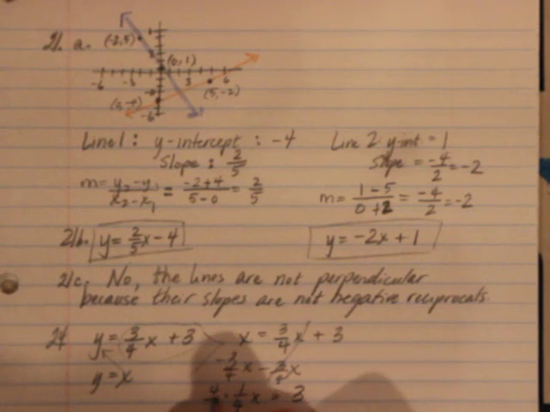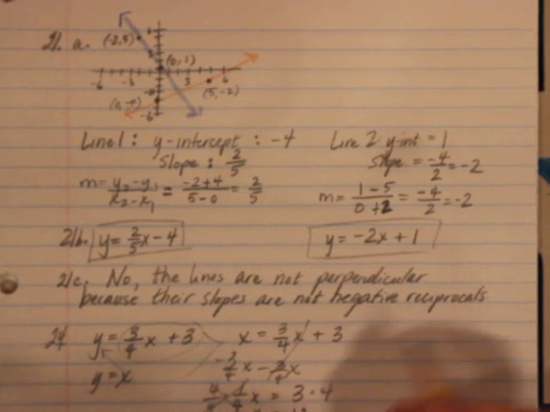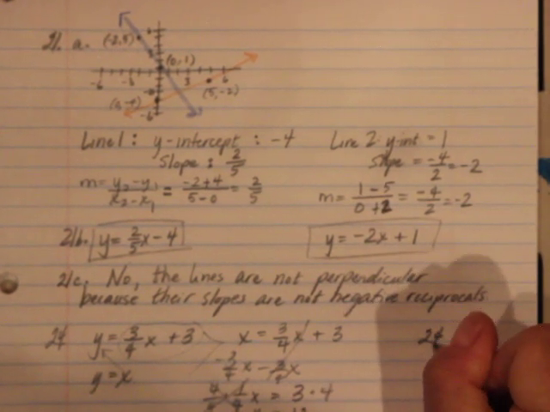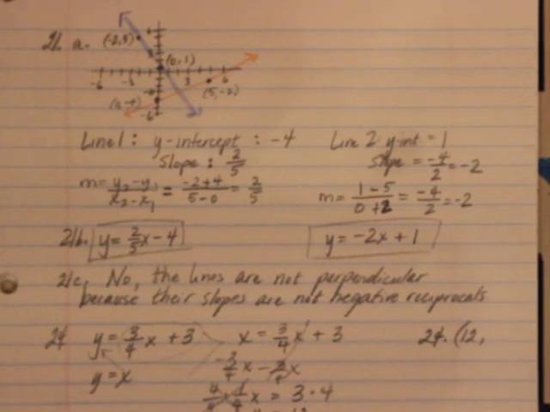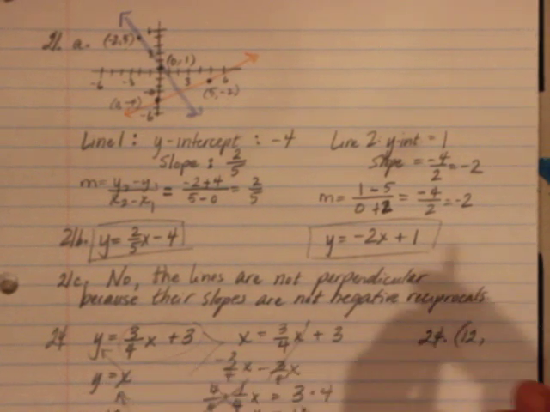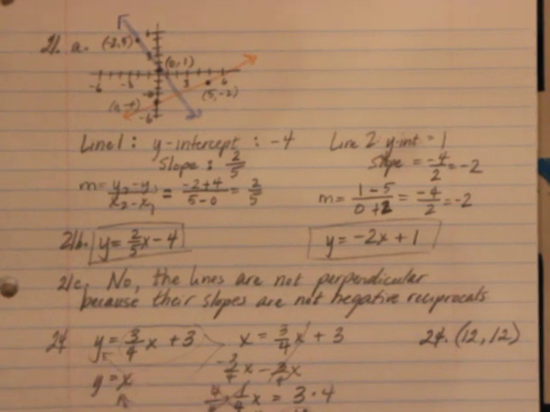I'm going to multiply this by 4, get rid of it over here, and I end up with x equals 12. I only have half an answer. I need a y value. So if x equals 12, here's the best part. Look, if x equals 12, then I just take the 12 and I put it in here for x, and I get y equals 12. I love it when that happens. And there's my answer, 12, 12.